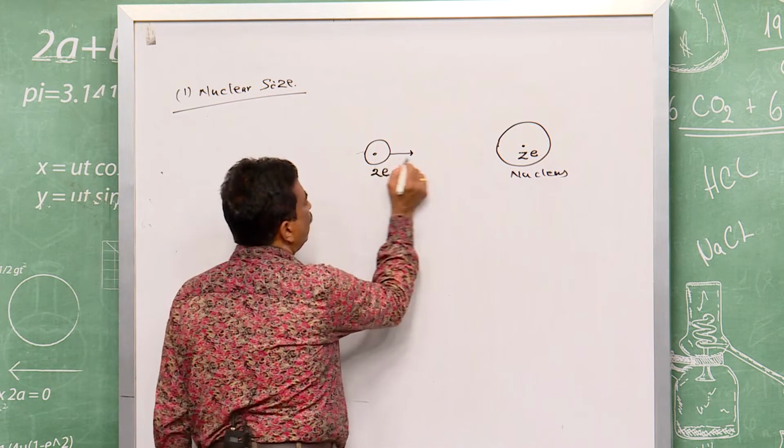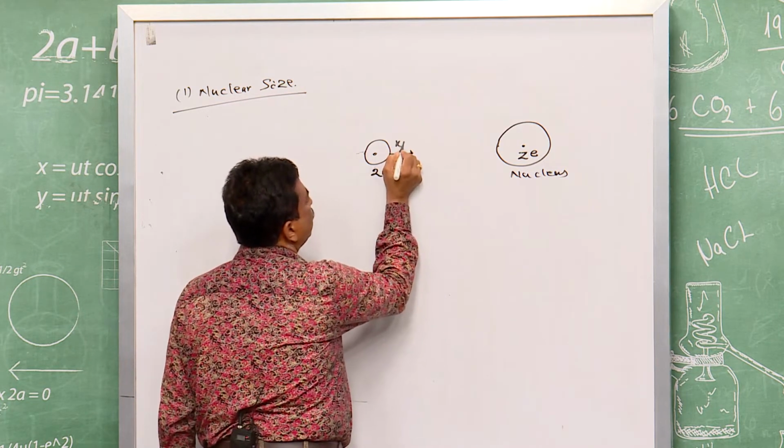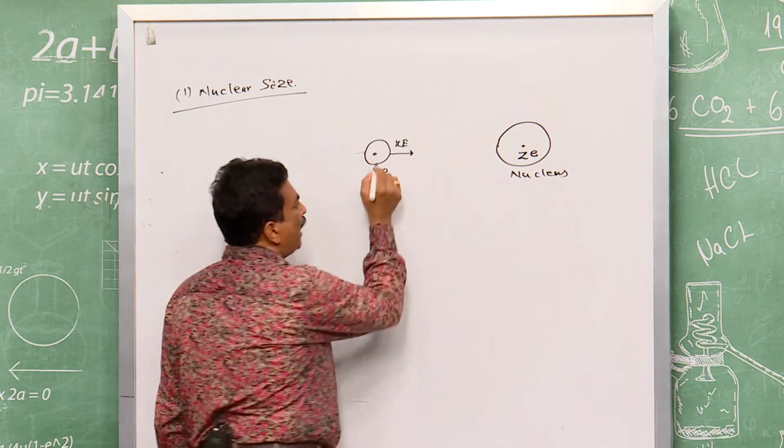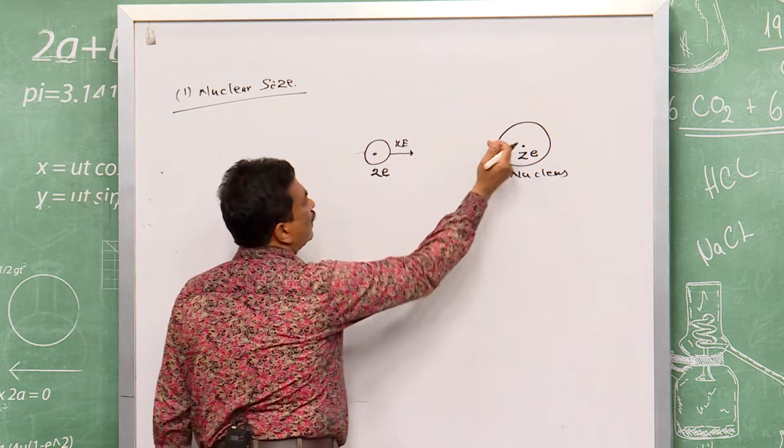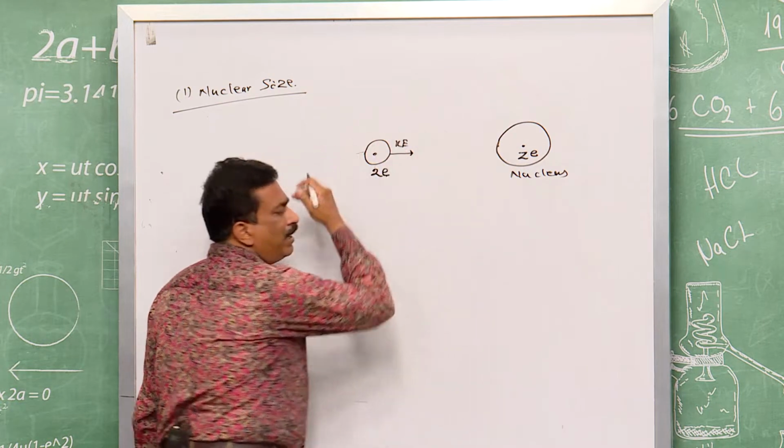So, here the alpha particle will move with its kinetic energy, and this kinetic energy will make it go from left to right, but due to the repulsion, that force will push it in the opposite direction.